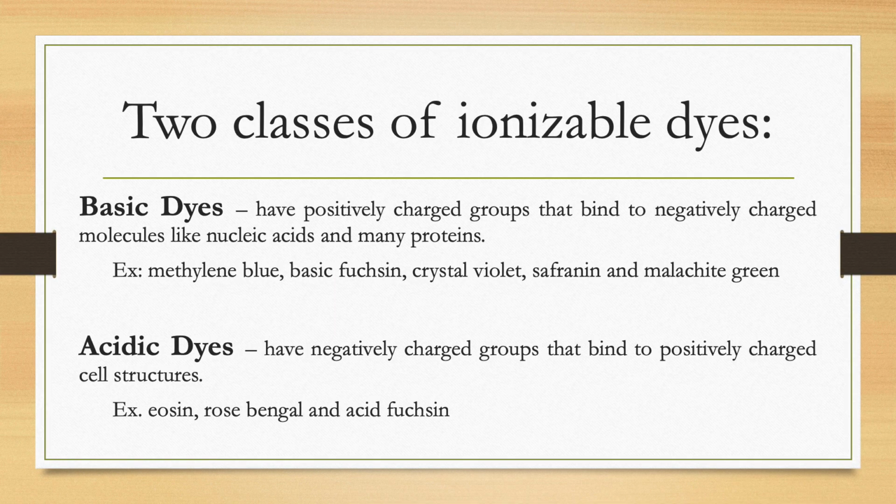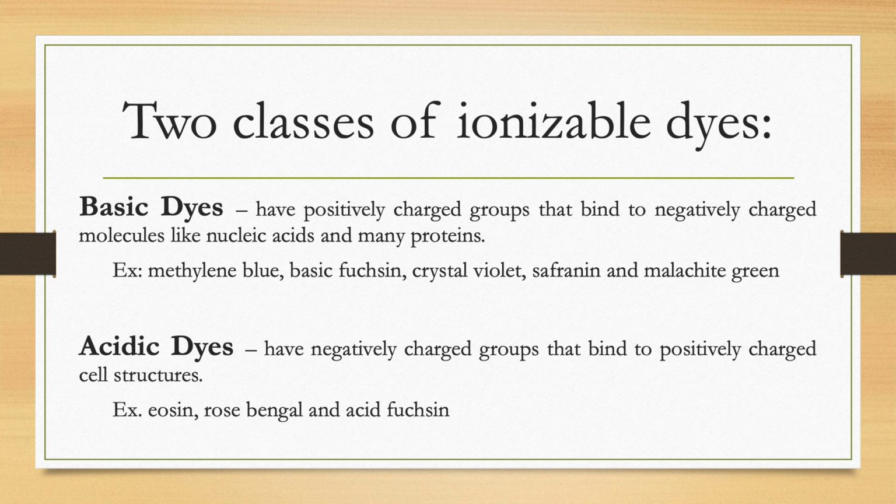Next, let's take a look at our different dyes that we use for staining. So there are two classes of ionizable dyes. You have your basic dyes. These are dyes with positively charged groups. Otherwise, these dyes are cationic, and these dyes bind to the negatively charged molecules of your cells, such as your nucleic acid and many other proteins.